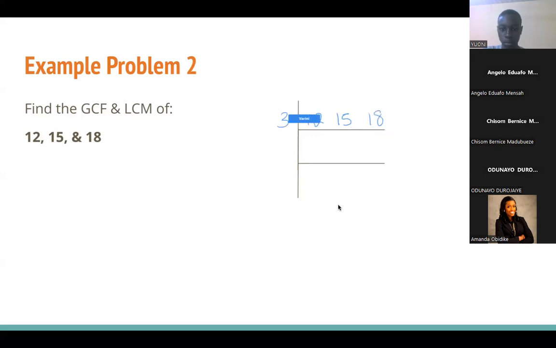So we're left with 4, 5, and 6, which we can't really pull out anything from. So our LCM is what, and our GCF is what?